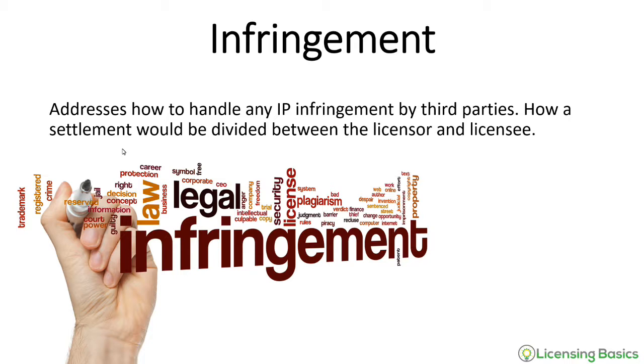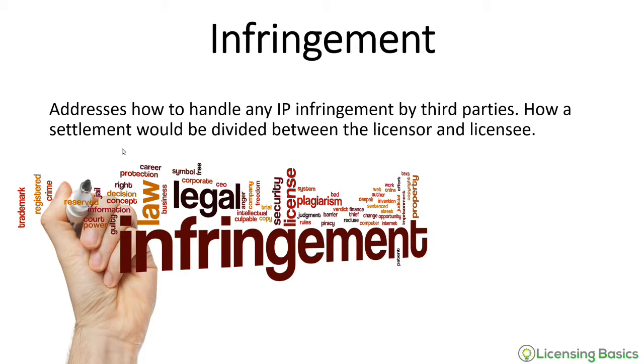Infringement. You want to address how to handle any intellectual property infringement by third parties and how a settlement would be divided between the licensor and the licensee. For example, if you have a patent and a third party, a separate company, decides to copy your invention and starts selling it, you need to have in your contract who fights that.